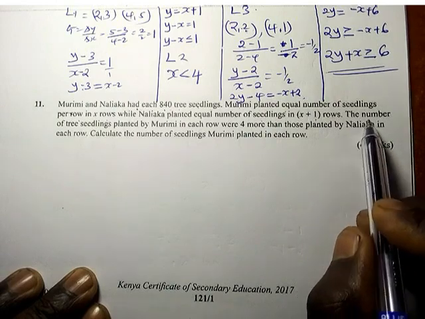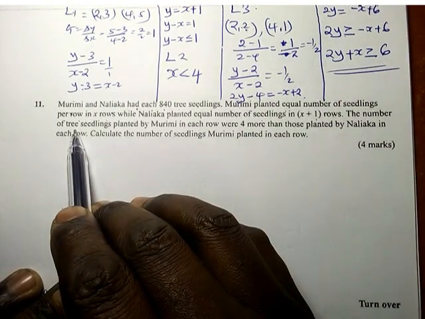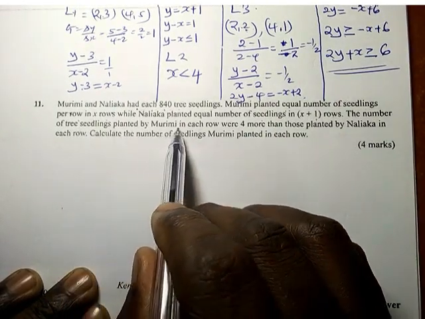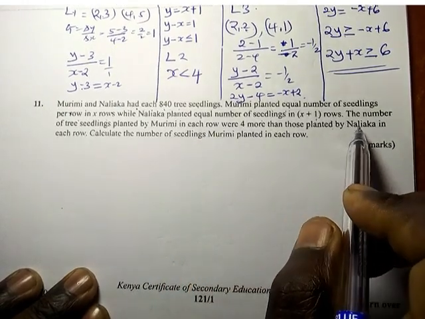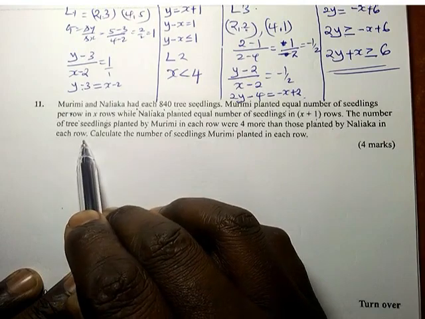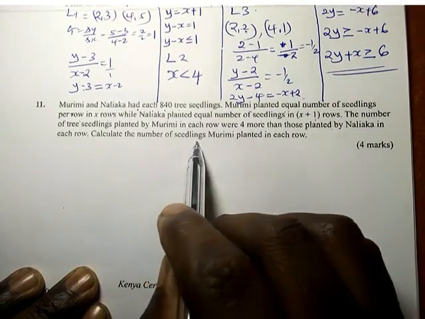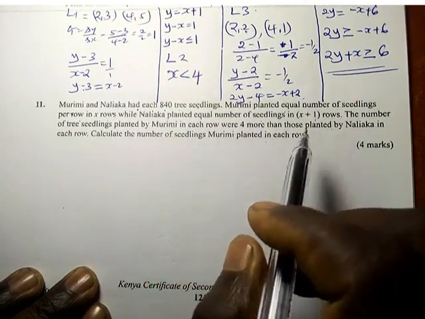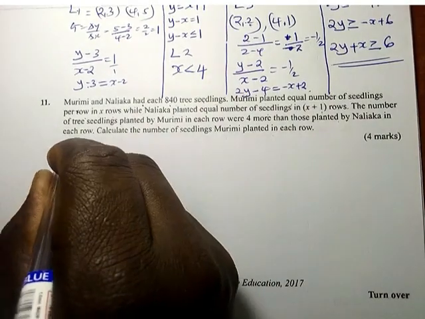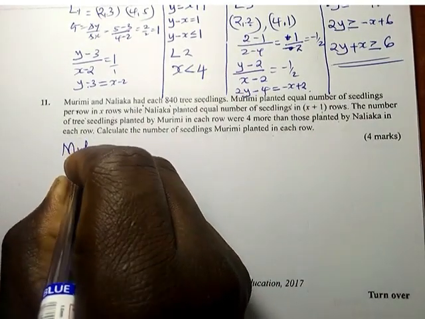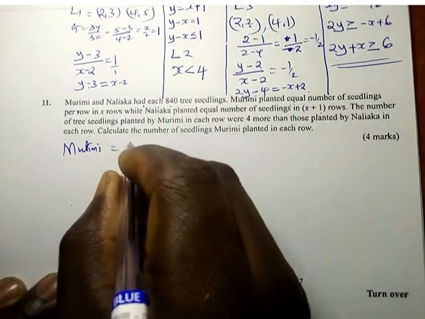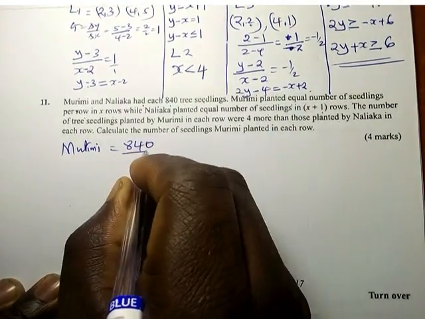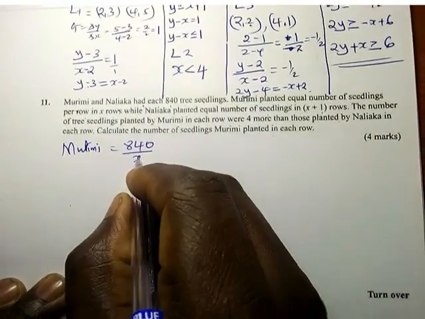The number of seedlings planted by Mulimi in each row were 4 more than those planted by Naliaka in each row. Calculate the number of seedlings Mulimi planted in each row.